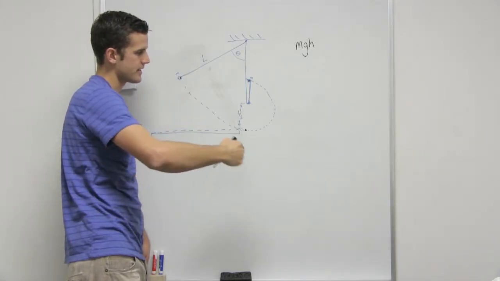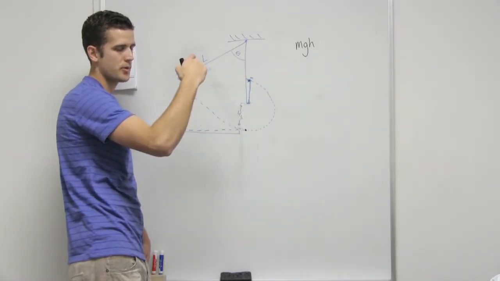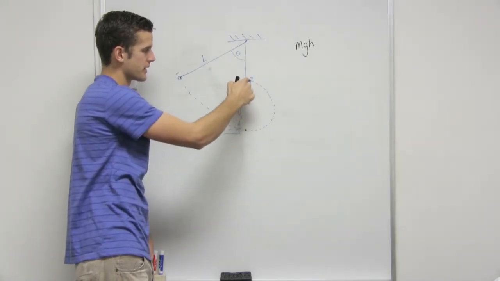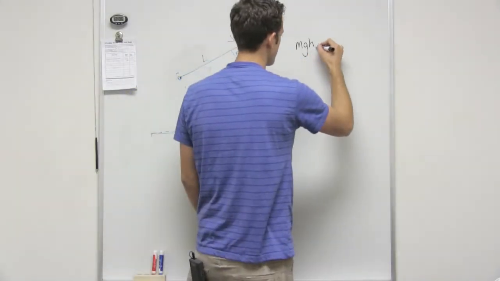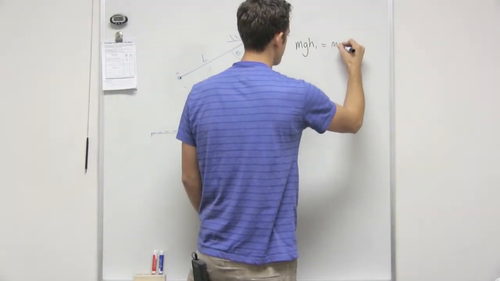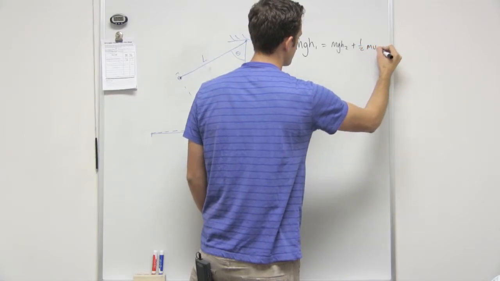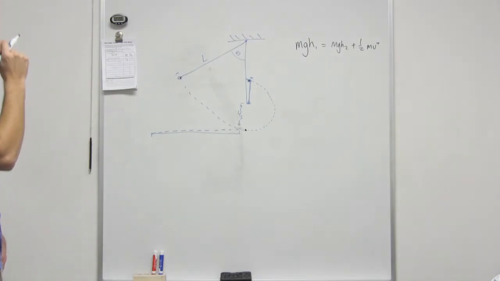If it catches the peg and comes up over the top, and it stopped at that point, it would just drop. In fact, it wouldn't even quite make it to that point because it would fall too early. So you have mg height 1 equals mg height 2 plus 1/2 mv squared.